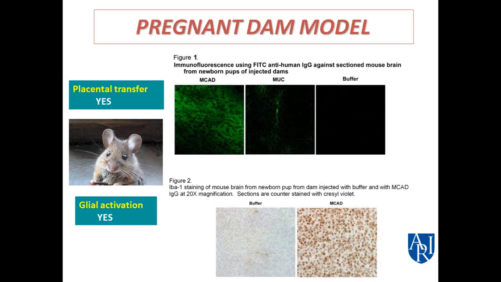This was subsequently also done by the group at UC Davis in monkeys. They transferred human maternal antibodies to pregnant monkeys and looked very carefully at the offspring, and they had many autistic behaviors.